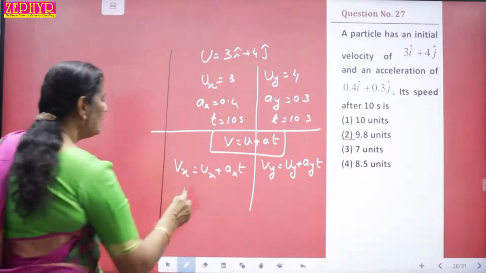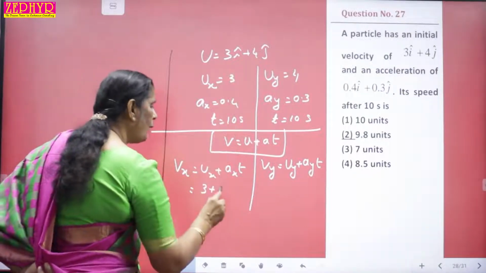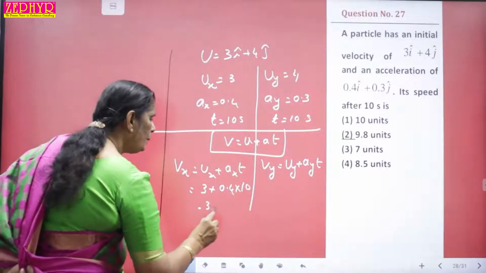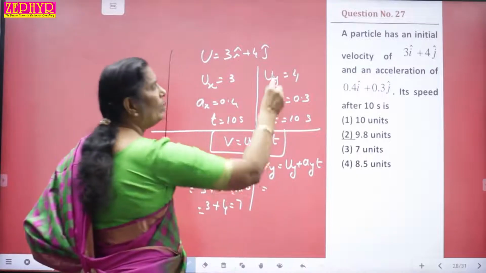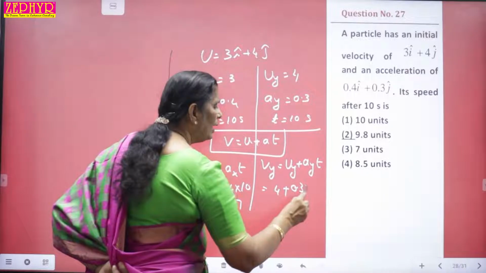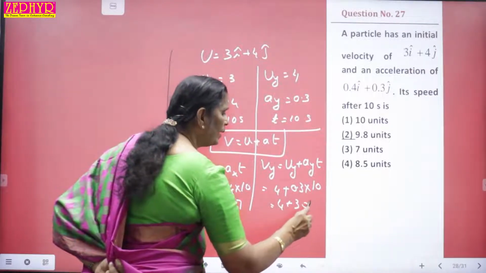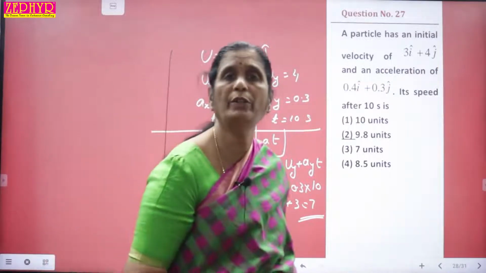What is ux? 3, plus what is ax? 0.4. Time how much? 10. So it is 3 plus 4, how much? 7. Similarly here, what is uy? 4. What is ay? 0.3. What is the time? 10. 4 plus 3, how much? 7. So vx is equal to 7, vy is equal to 7.